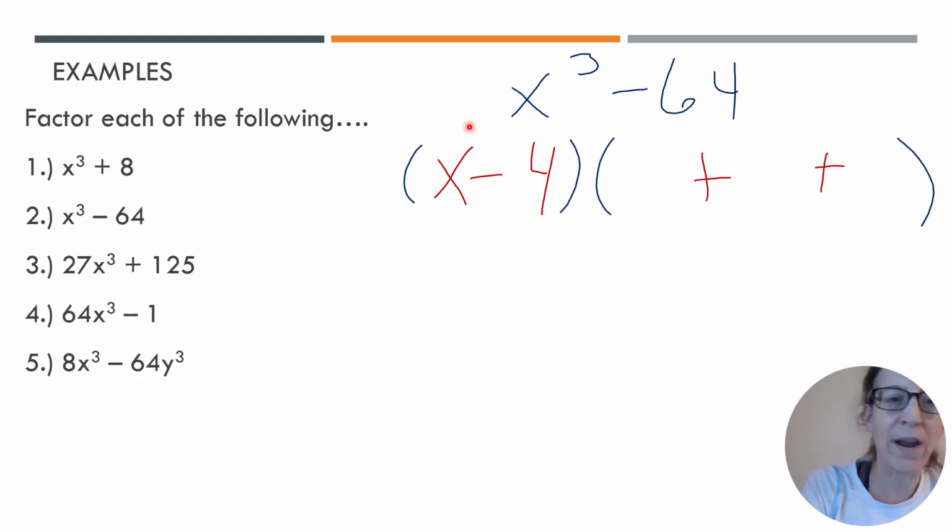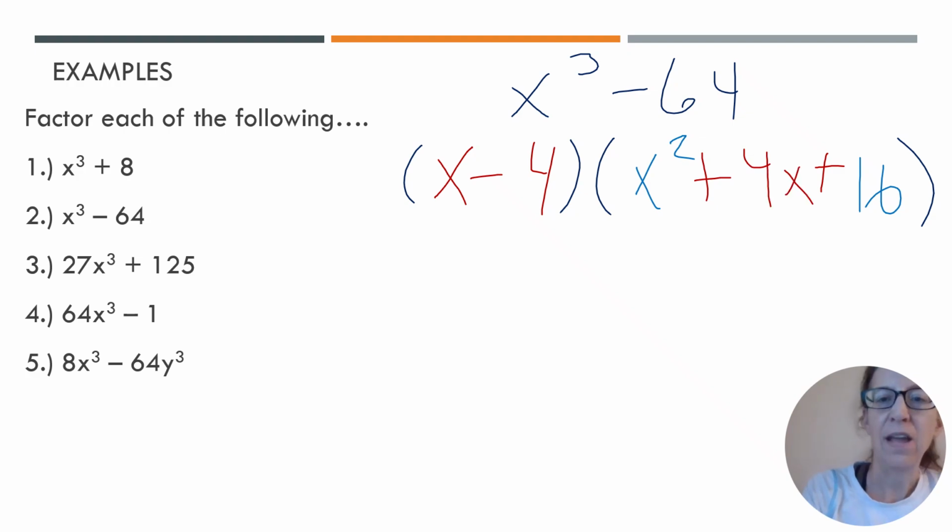So we square the x to get x squared, and we square the 4 to get 16. And then we're going to get the filling for our sandwich by multiplying x times 4, which would give us 4x. And we are done. Ta-da! Soap sandwich.